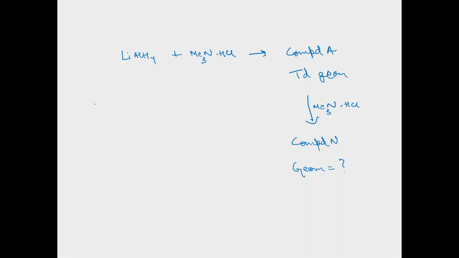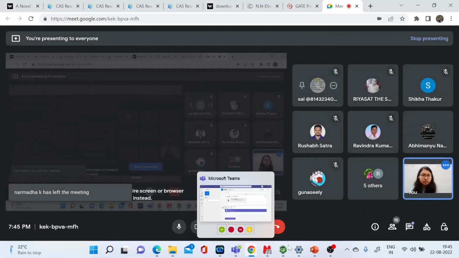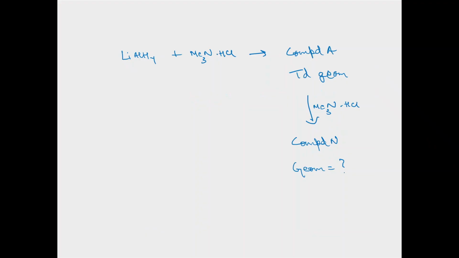So what happens in this type of case is, if we consider a BH3·NMe3 type of complex, adduct formation will take place.